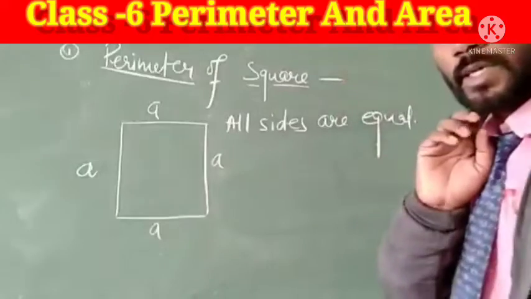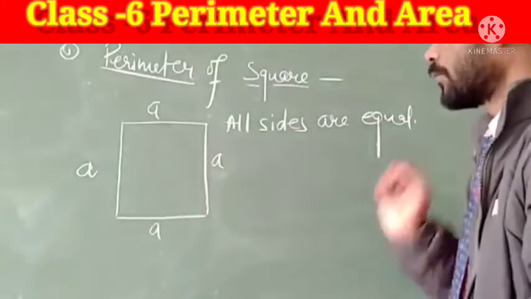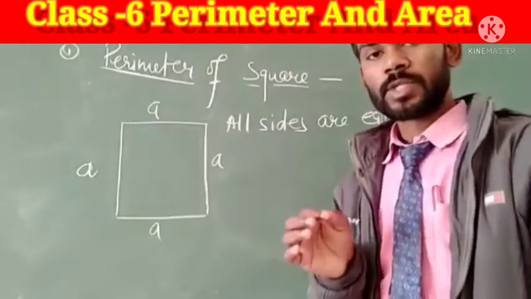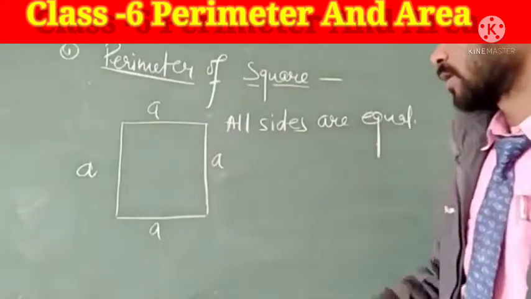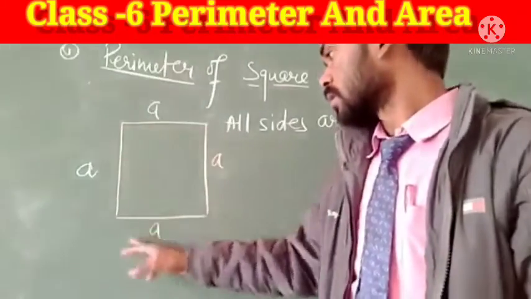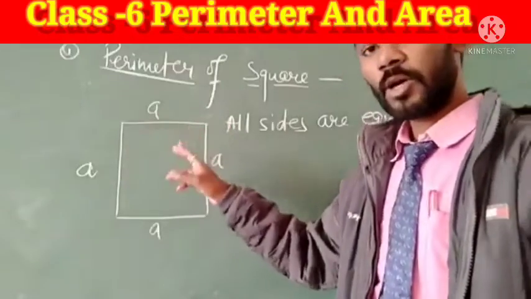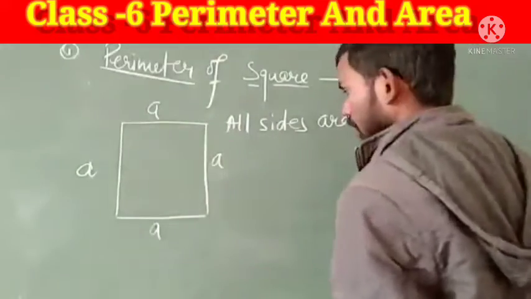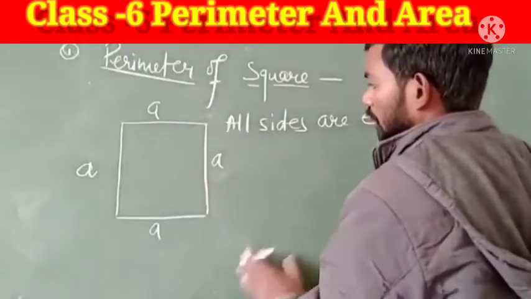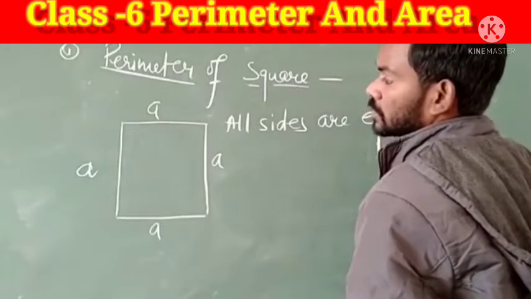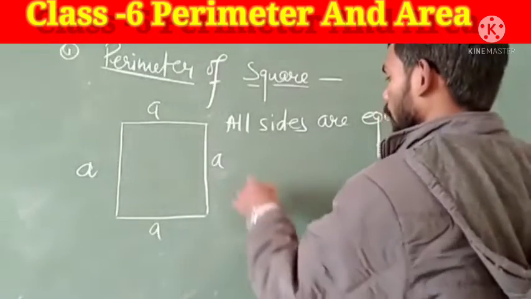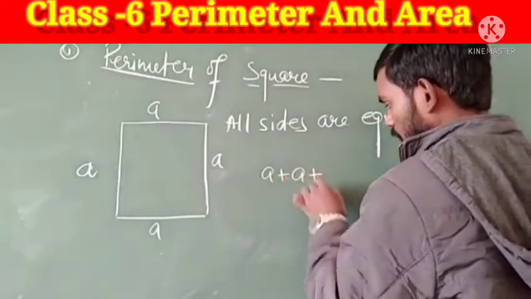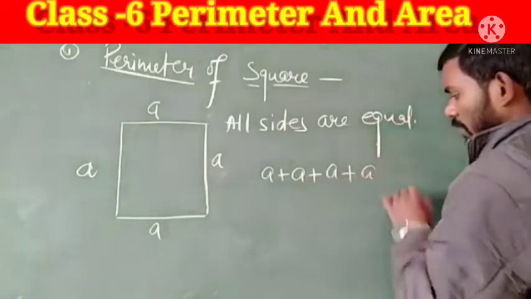And now we apply the definition: the total length of the boundary. So here we can see that this is the boundary of the square, and when we add them in order to get the total length of the boundary, we shall write a plus a plus a plus a.